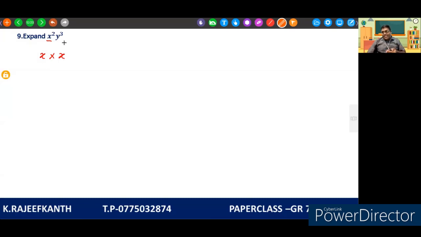Here y to the power 3, third power, right? So we have to write that y 3 times, y into y into y. So when we are expanding this x squared y cubed, we have to write it as x into x into y into y into y, right?